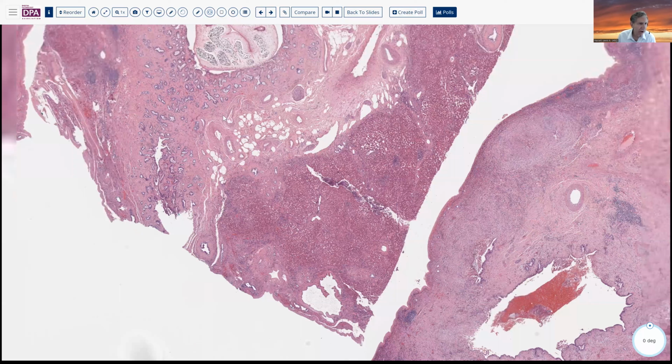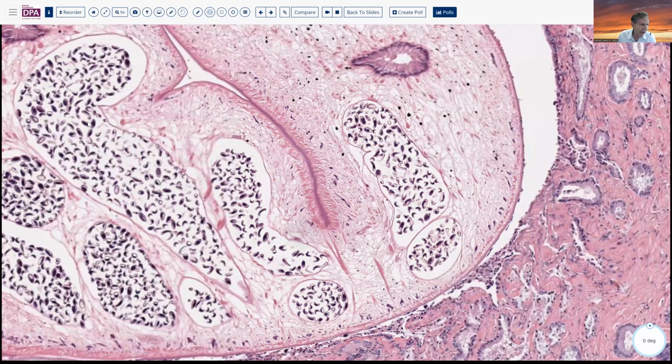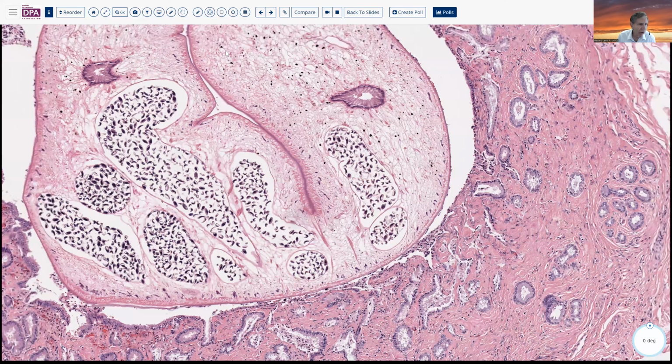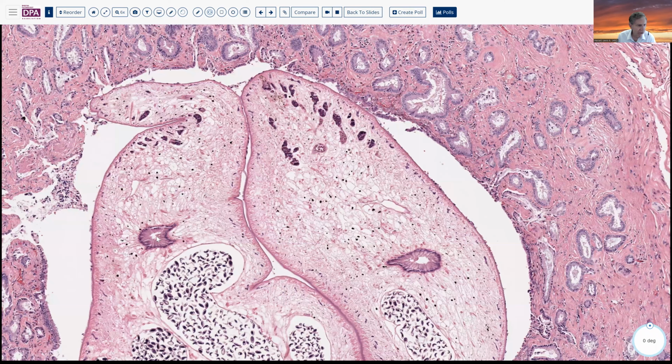As we look here, we can see that this indeed is the gravid uterus that is putting out all of those eggs. And we have a sort of folded fluke-like organism with areas of integument, some digestive structures here, and of course the gravid uterus.